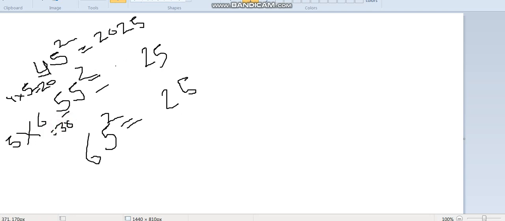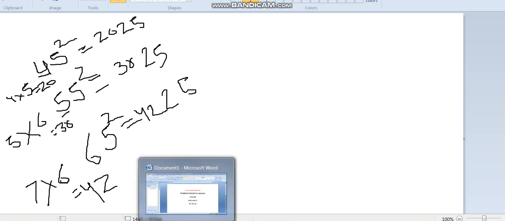This 30 you will write here. Same thing, 6 into 7 is 42, and you can directly write 42 here. So like that we can find it easily. I hope you got it.